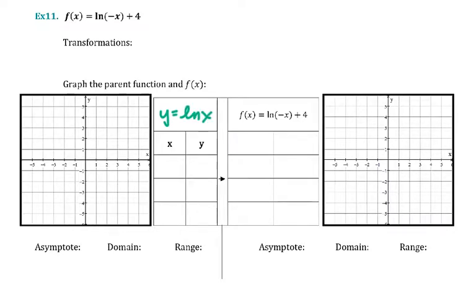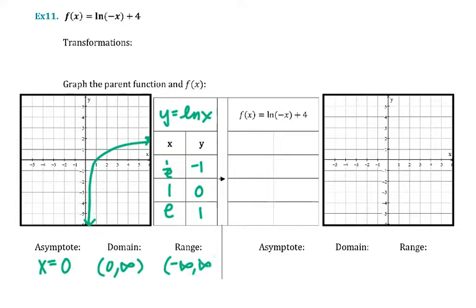My parent graph ordered pairs would be 1 over e, -1, e, 1, and 0, 1. So the graph of natural log x looks like our standard natural log graph. It has a vertical asymptote at x equals 0. The domain is 0 to positive infinity, and the range is all real numbers.